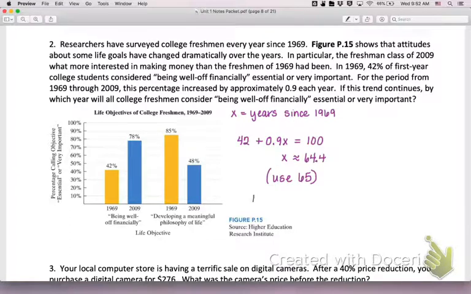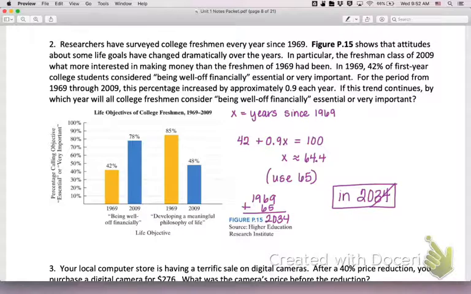So 1969 was when we started, and we want to add 65 years to that. That takes us to the year 2034. Okay? And so the answer would be in the year 2034, which we're coming up on sooner than we think.